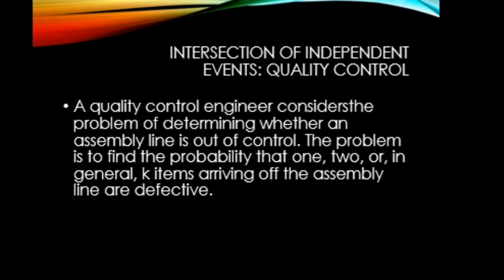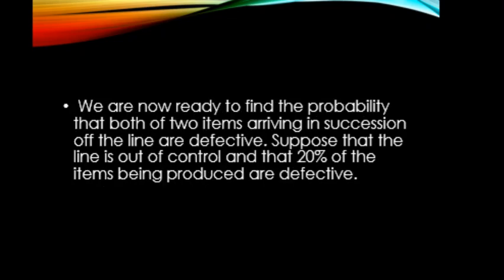We can generalize this problem by using the fact that each item is independent of each other. Let's start with just 2 items arriving in succession off the line being defective.